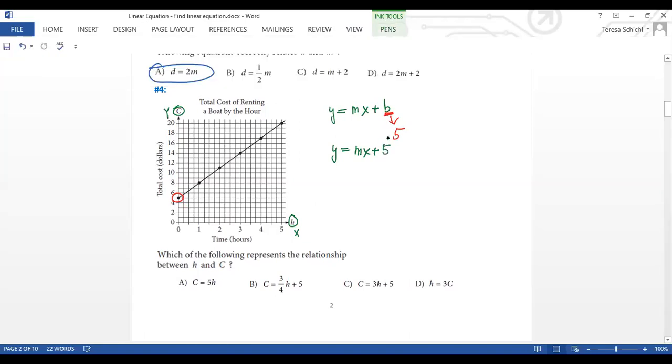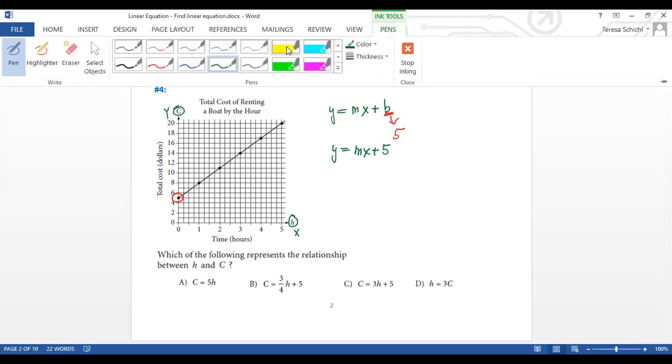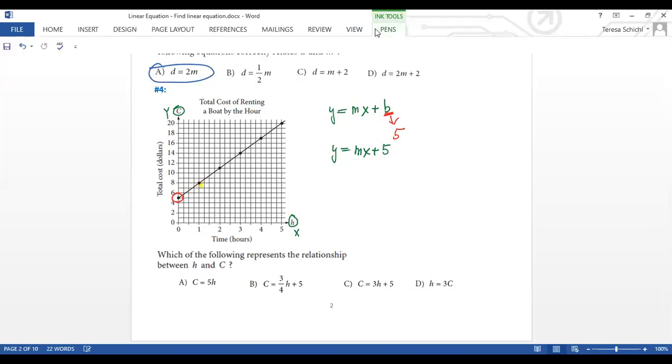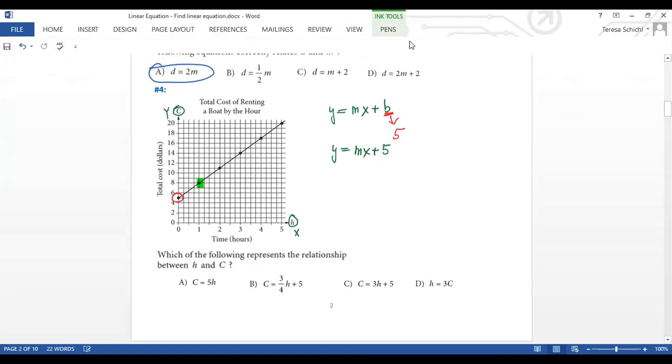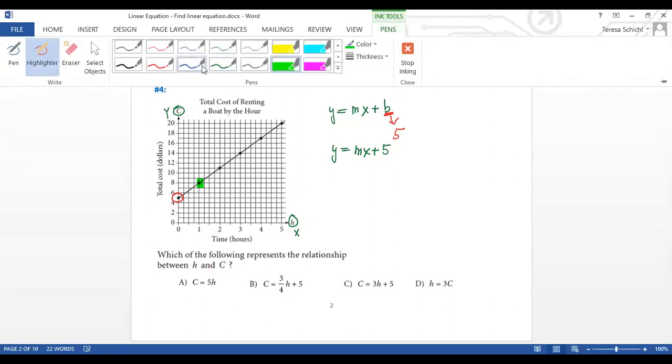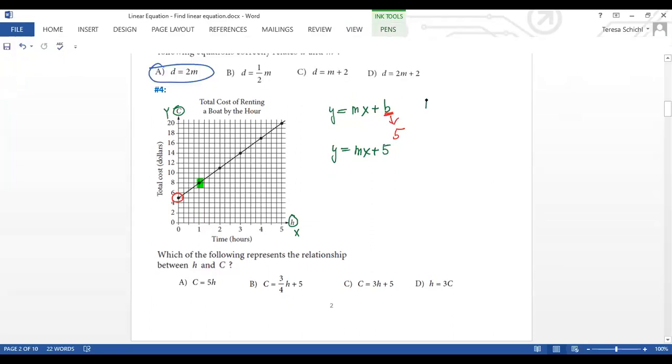Now I need to find the rise over run. I find this point here, and I find it here, right? So with these points, let's see what the rise over run is. Remember the rise over run.